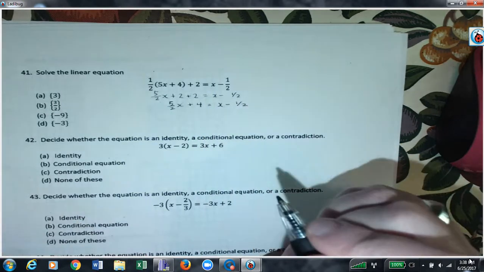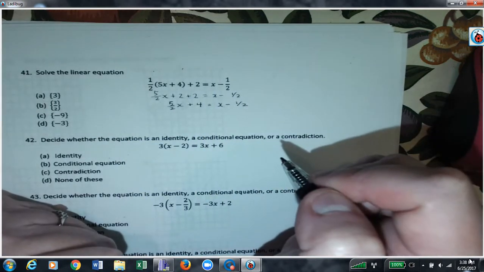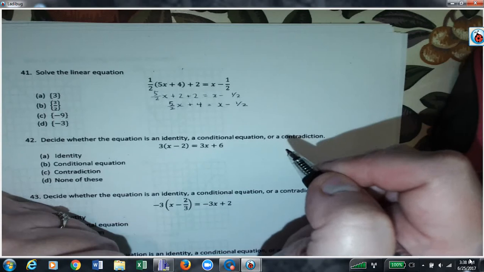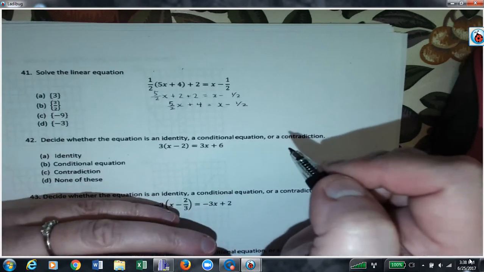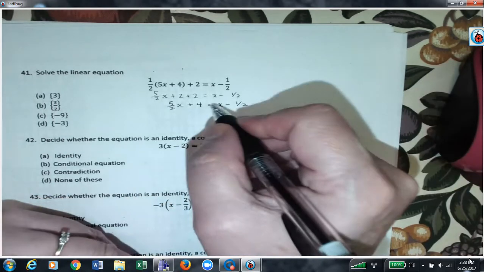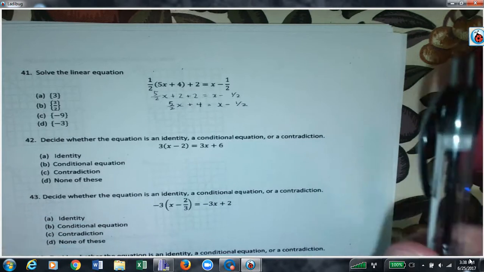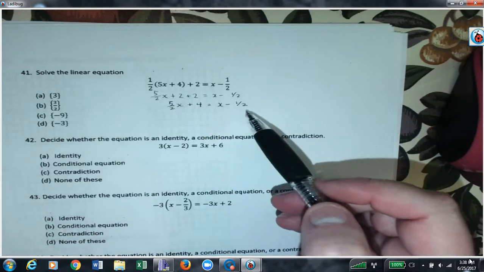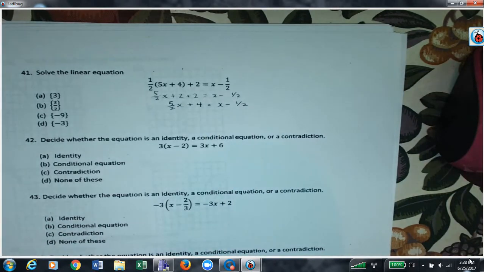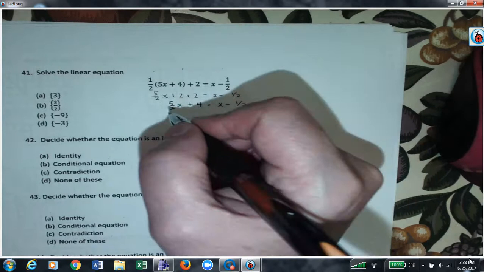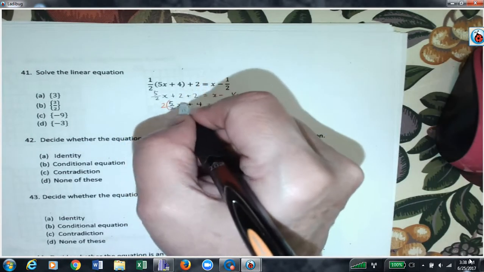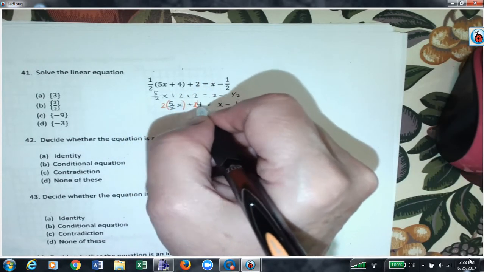Okay, now how about we make things easy and get rid of these fractions? I can still have equality if I multiply everything by the same number. Since I've got fractions with 2 in the bottom, I'm going to multiply every term by 2. Every term.